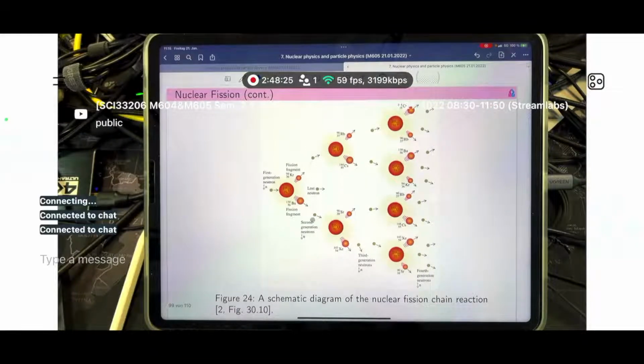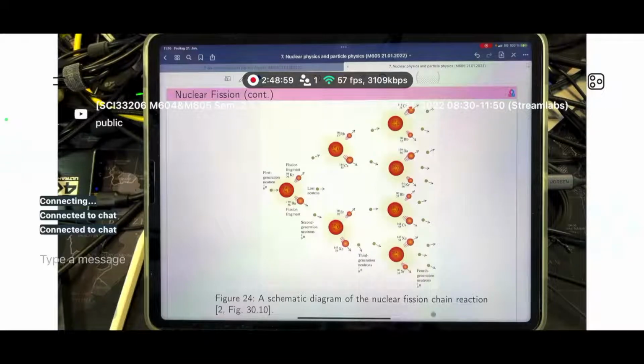And here is the second generation of the neutron. Here is the third generation of the neutron, and it will hit the next uranium-235, and we could get cesium, rubidium, barium, krypton, xenon, and strontium, and we will get further neutrons, and they will hit the next round of uranium-235, and the process continues in a chain way.